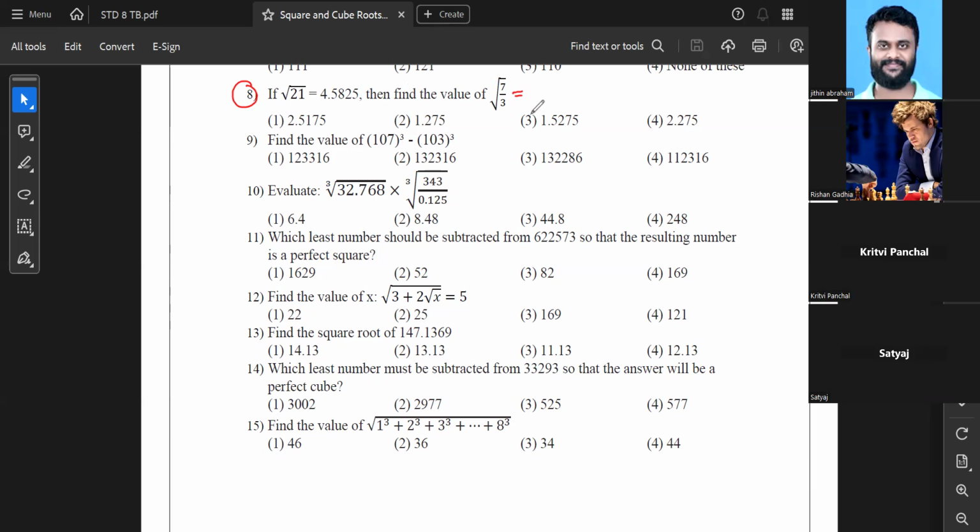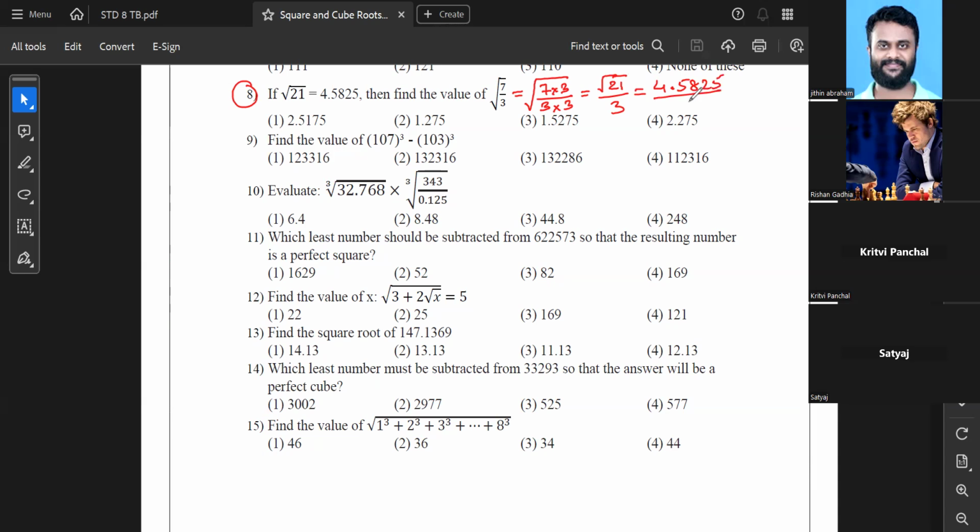I'll say go for the numerator, because it's easy for us to handle the multiplication rather than division. So in order to create 21, I'll multiply 7 with 3 in the numerator. Since I've multiplied 3 in the numerator, I'll multiply 3 in the denominator also. That gives me under root of 21 in the numerator and under root of 9 in the denominator, which becomes automatically 3.